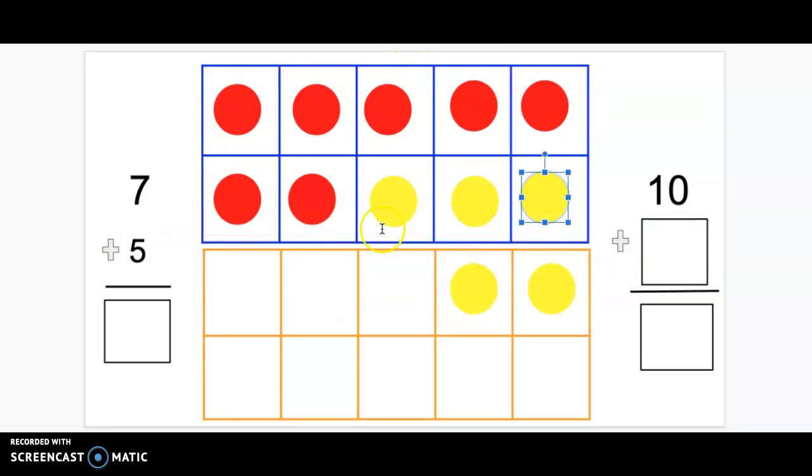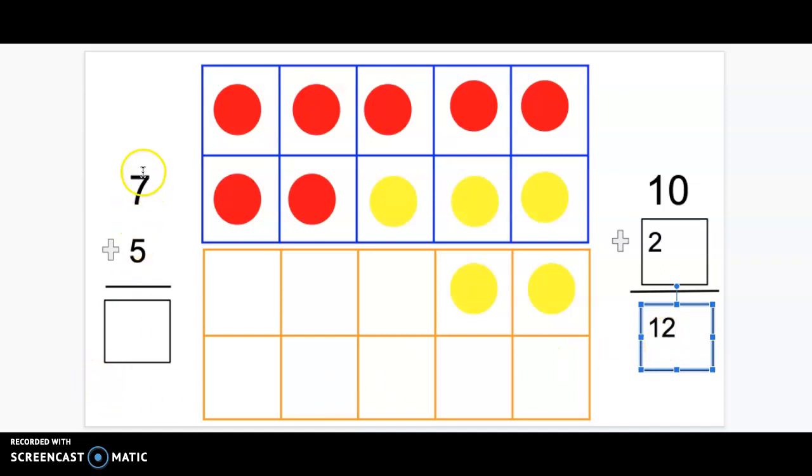Now we have 10 counters, which is here, 10, plus 2 more, let's write the 2 here, equals, what is 10 plus 2 more? 12, that's right. 10 plus 2 equals 12.